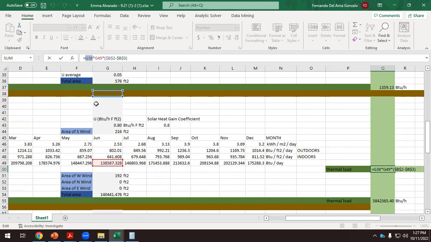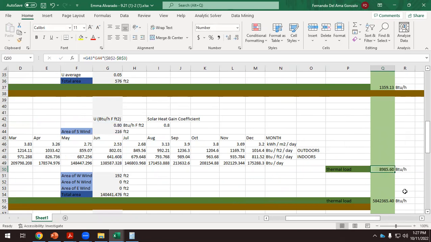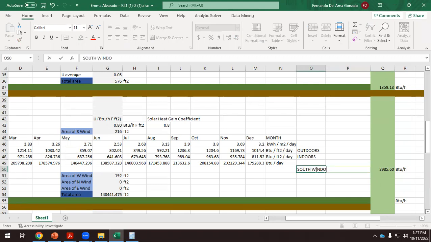First, I have the U value of the window, this one. Second, I have the area of the window, that one. And this is indoor minus outdoor temperature. Okay, so this is the thermal loads, and this is the south windows.